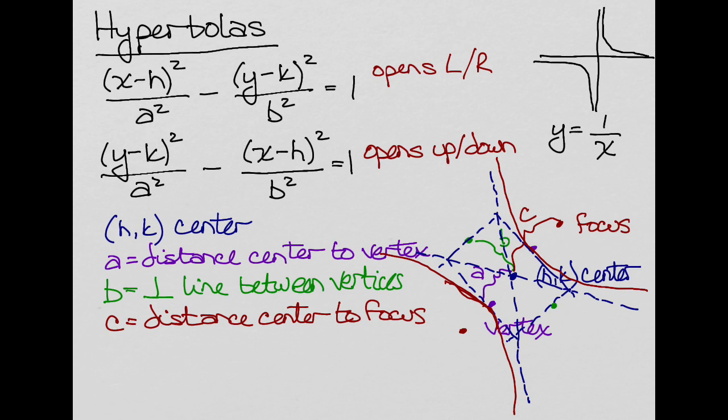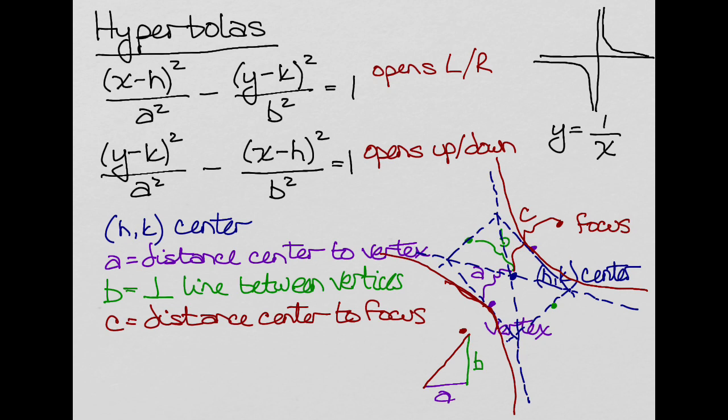We're going to notice a and b are perpendicular to each other, and we might suspect some kind of Pythagorean relationship here, and there is one. So here's a. a and b are perpendicular. If I took the distance c and put one end on a vertex, the other end would land on this point.